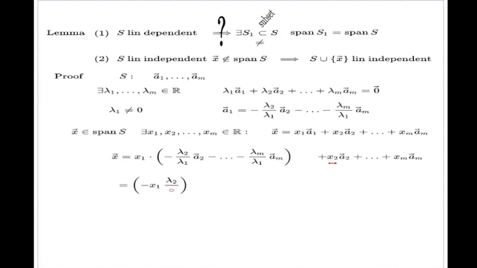So the combined coefficient is this for the a2. For the a3, it will be a similar combined coefficient. For all of the vectors hidden by these dots, there will be some coefficient like this. For the last one, it will be x1 times this fraction plus this xm. So the combined coefficient next to am will be like this.